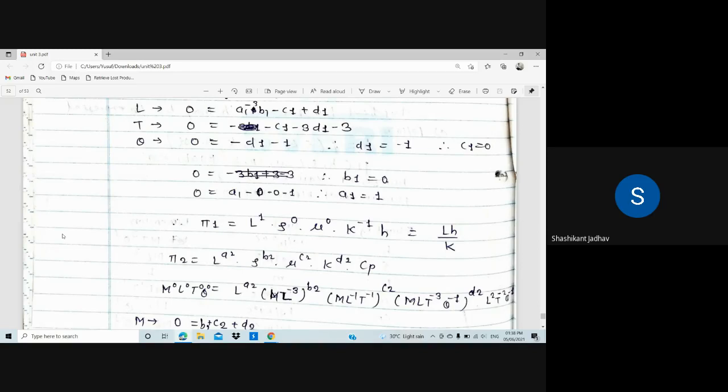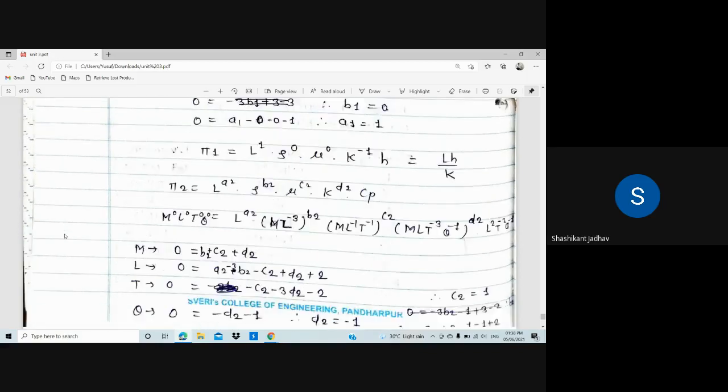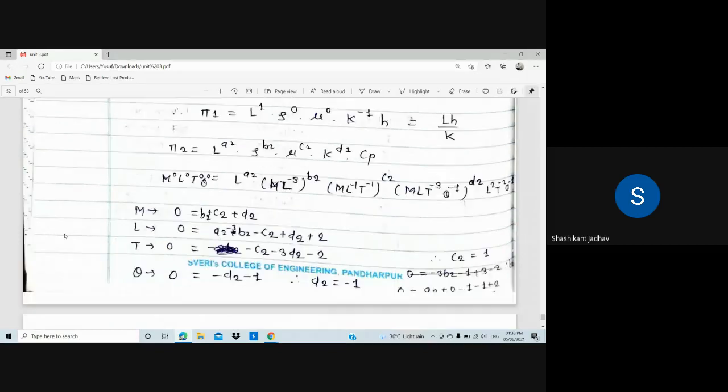Okay, so put those values into the pi 1 equation. So pi 1 is equal to L raised to 1, rho raised to 0, mu raised to 0, K raised to minus 1 into H. So we get the equation as L into H divided by K. So this is the pi 1 term, L H divided by K.